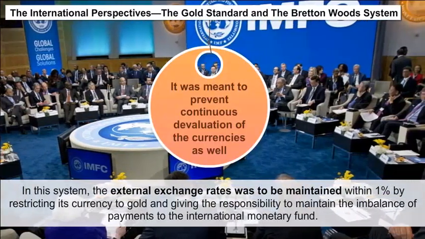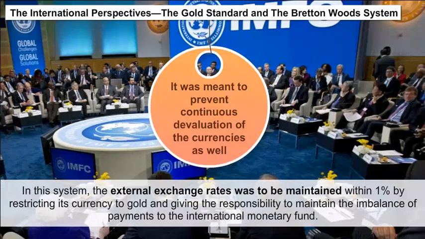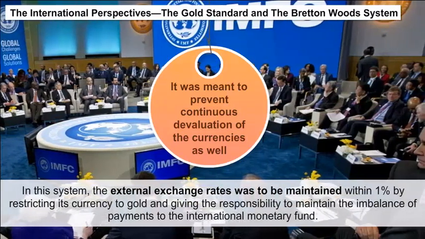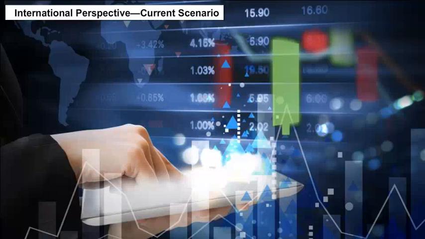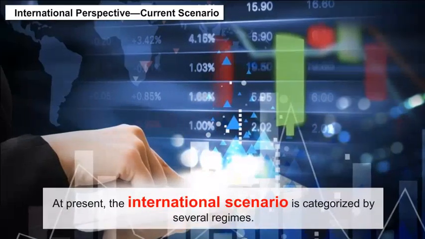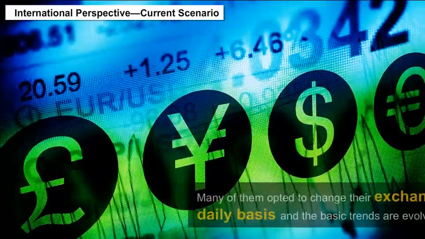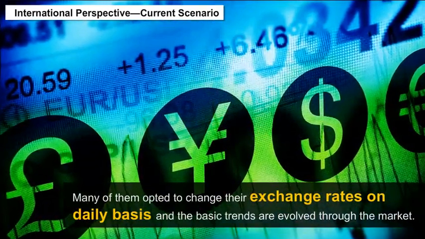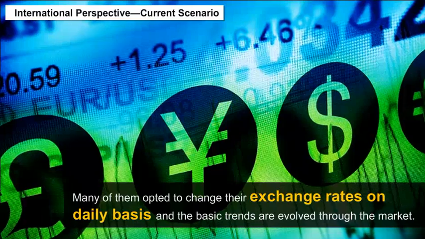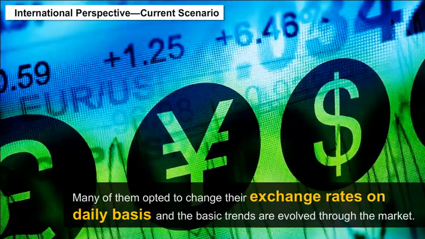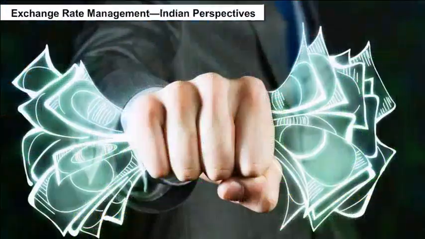It was meant to prevent continuous devaluation of the currencies as well. International perspective. Current scenario. At present, the international scenario is categorized by several regimes. Many of them opted to change their exchange rates on a daily basis, and the basic trends are evolved through the market.